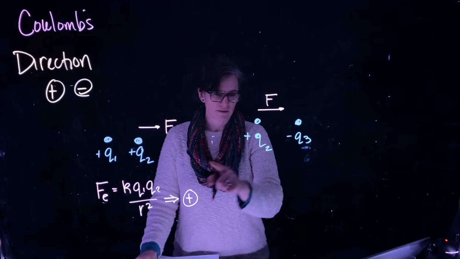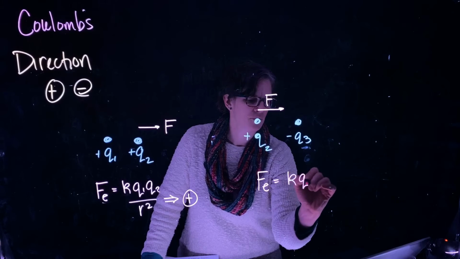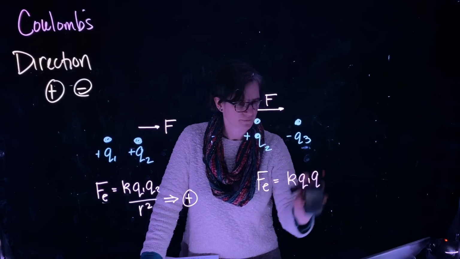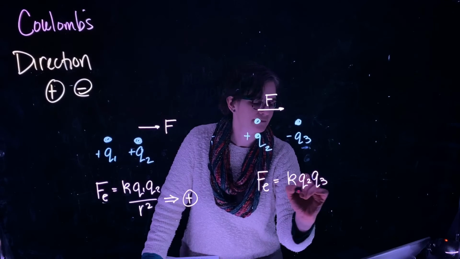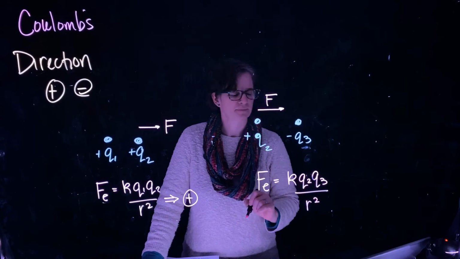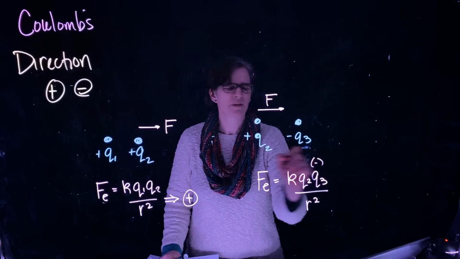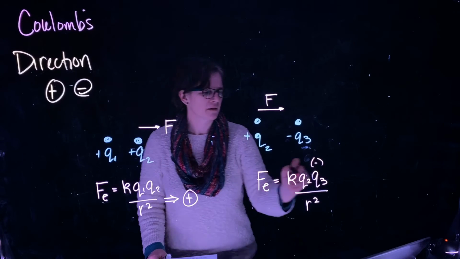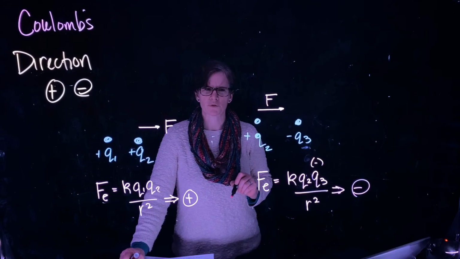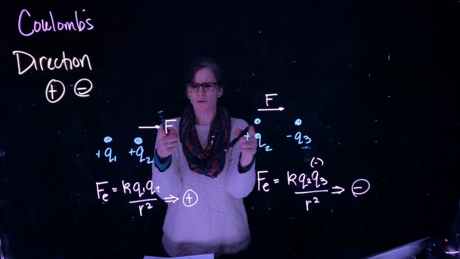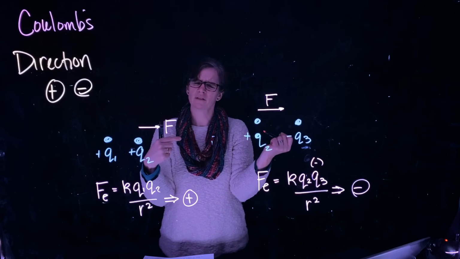So if I look at my Coulomb relationship, it's still k times the two charges, Q2 and Q3, over r squared. But now Q2 is positive, and remember Q3 is negative. So if I calculate this out, I get a negative value for my force. But if I look at it pictorially, Q2 is going to the right in this scenario.